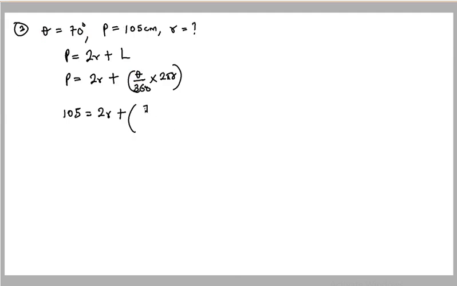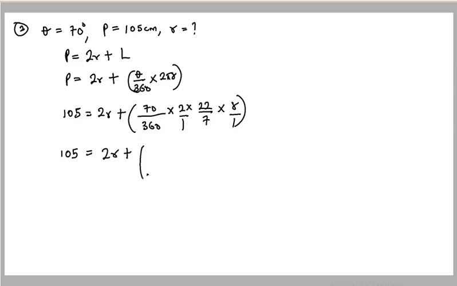So I have 70 over 360 times 2. I'm not asked to take pi as anything, so let's take pi as 22 over 7, times the radius, which I still don't know, r over 1. So let's continue. 105 is equal to 2r plus.